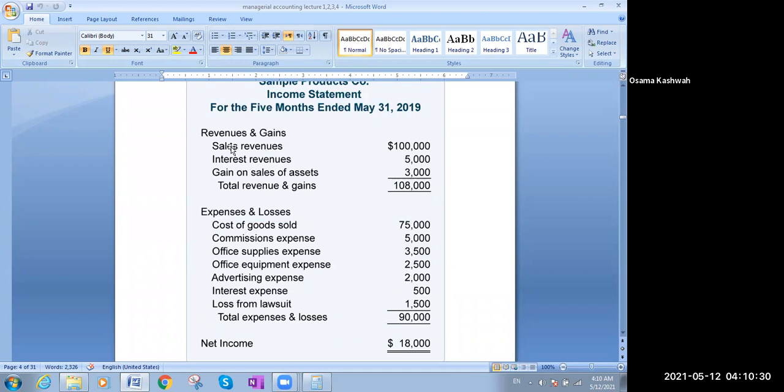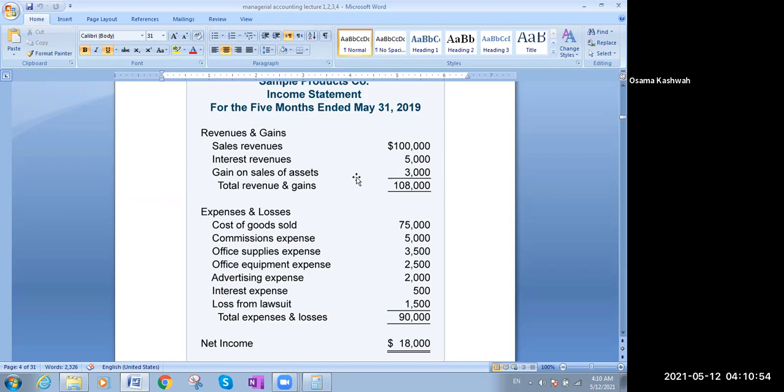As an example here, we have the revenues, like the sales revenues, my sales operation, how much I earned from the sales. It equals the number of units sold times the price of each. Interest revenues is money coming to me. As an example, I put money in the bank and this money gives me, as a company, interest.